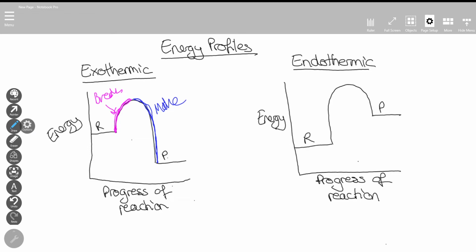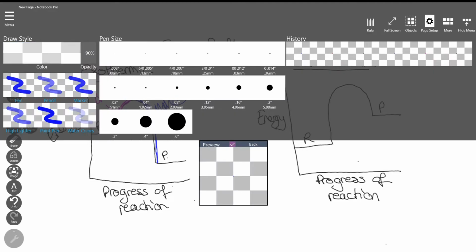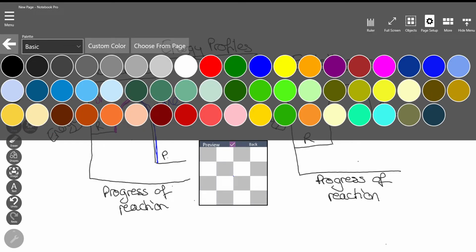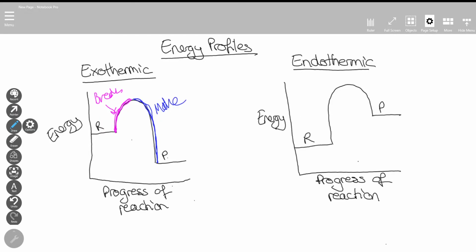Overall, we can look at the main change that's happening here as we go from reactants to products. So if we look at this level of reactants here and the level of products, we can see that overall the energy level went down. So our products have got less energy than the reactants.